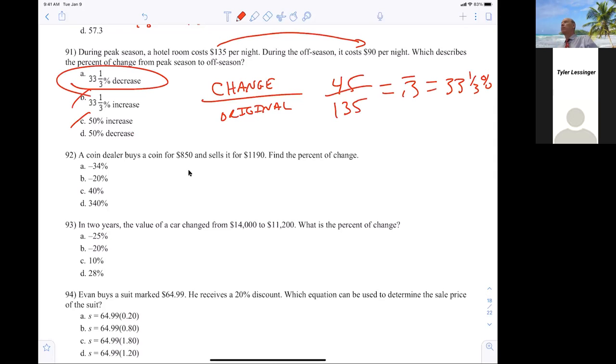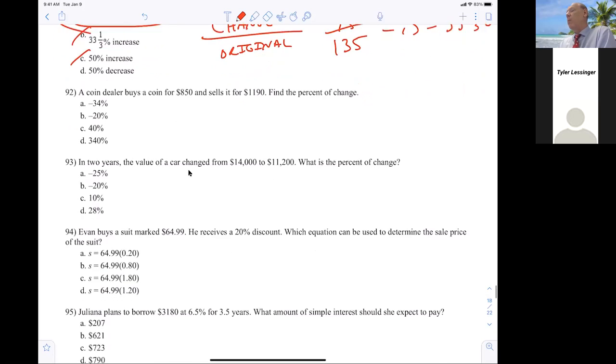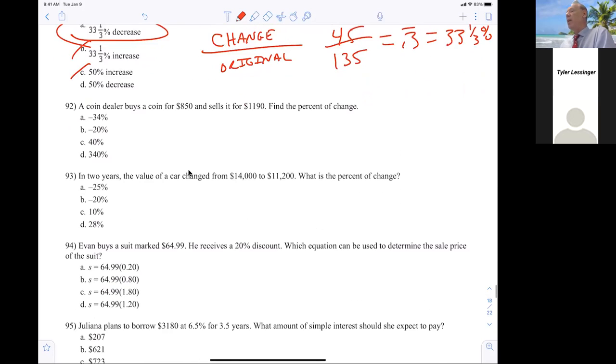Everybody okay with that? So now most people forget that formula. So let's do the same formula for 92. The change divided by the original. So from 850 to 1190 is how much? I need some help. What's the change, please? 340.